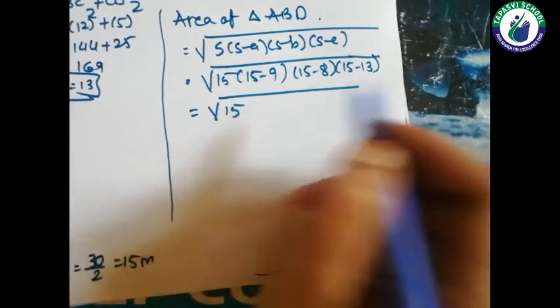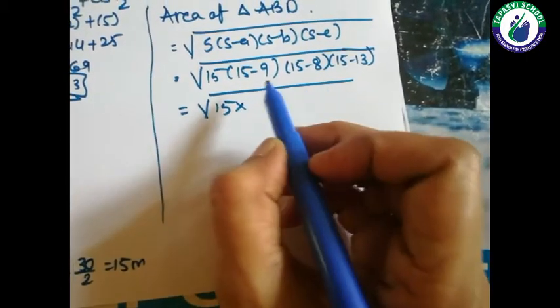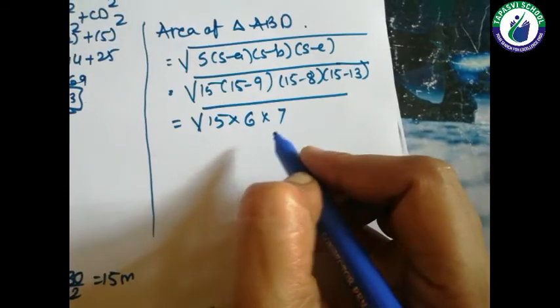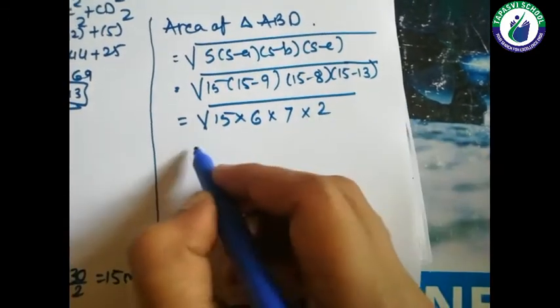Now 15 will remain as it is. 15 minus 9, that is 6. Here 7. Here 2.